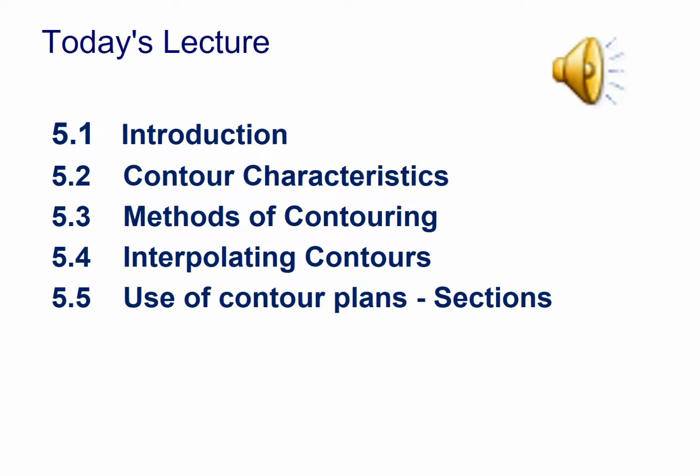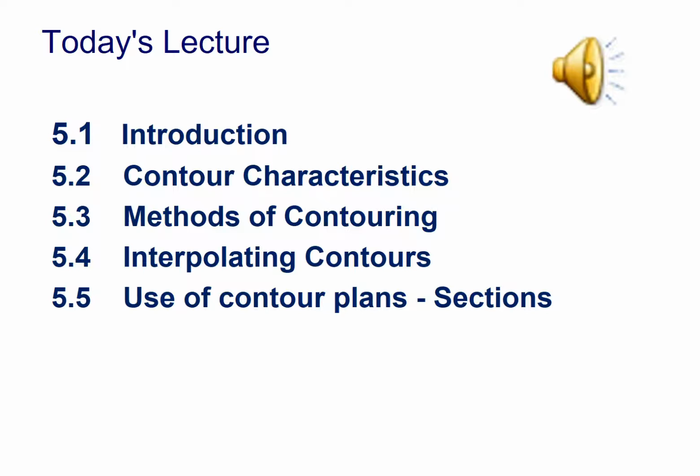So in today's lecture we looked at an introduction to contouring, different contour characteristics, and you hopefully learned to read a few contour maps. And then the two methods of contouring, the direct method and the indirect method. And it's important that you're able to explain both of those and how you would carry them out on site. We then looked at the three ways of interpolating contours.